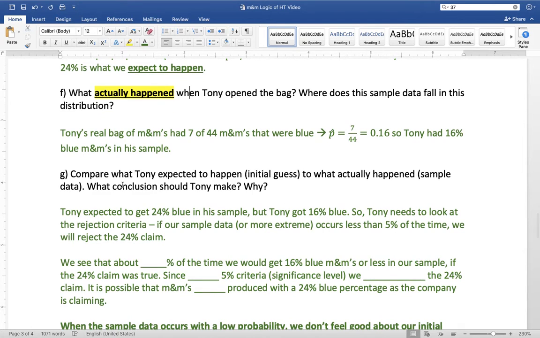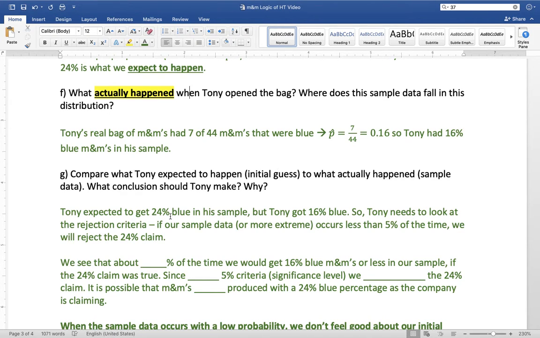So now we need to go and make our conclusion. Compare what Tony expected to happen, initial guess, which was 24%, to what actually happened, the sample data. The sample data is your evidence for what is actually going on. So, what conclusion should Tony make and why?